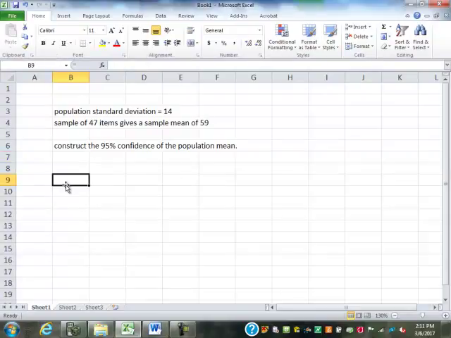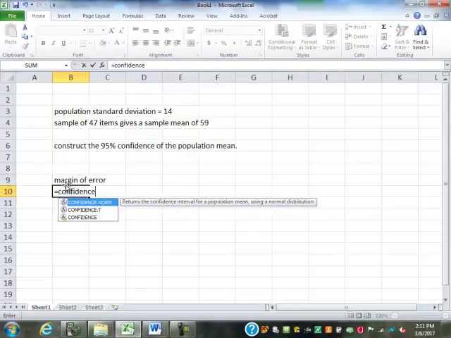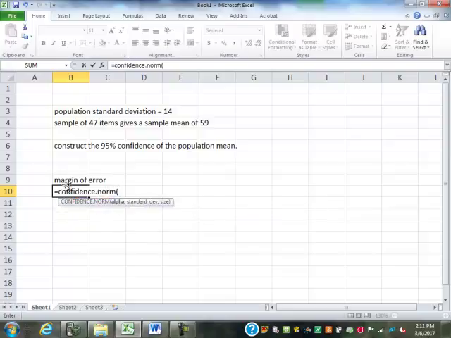Unfortunately, Excel does not do a range. What Excel does is it finds the margin of error. So in Excel, we're going to use the equals CONFIDENCE.NORM command. And what it asks for is not the confidence level, but alpha.